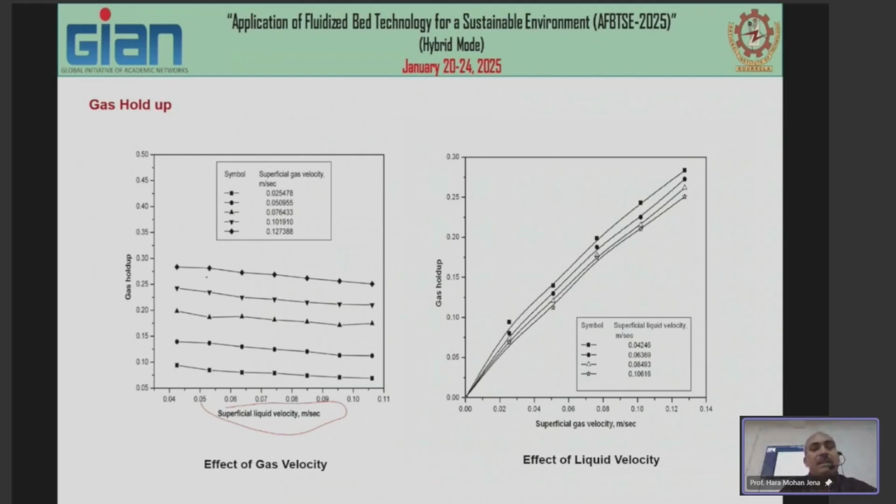It is not a strong function of the liquid velocity, whereas with variation of the gas velocity, the gas hold up increases significantly. For the same gas velocity, if the liquid velocity is different, no drastic change in the gas hold up is there.